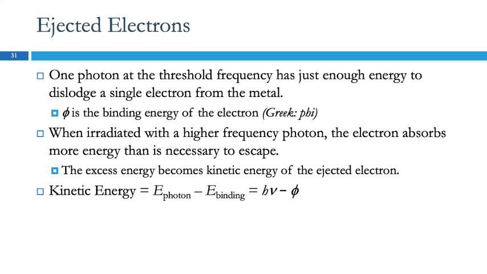Well, it has the rest of the energy, and that becomes the kinetic energy of the ejected electron. So remember, kinetic energy is 1/2 mv squared, the mass times the velocity squared. And so more kinetic energy means that that electron is going to fly away from the metal faster. Any questions about that? So the binding energy is the minimum amount to get any electrons ejected.